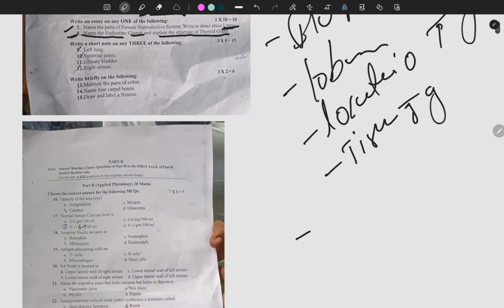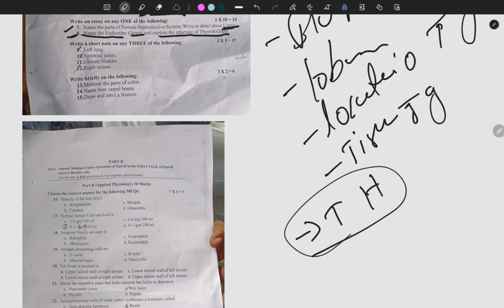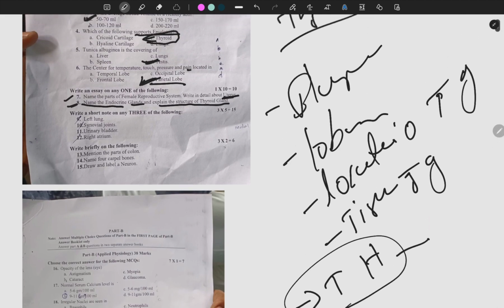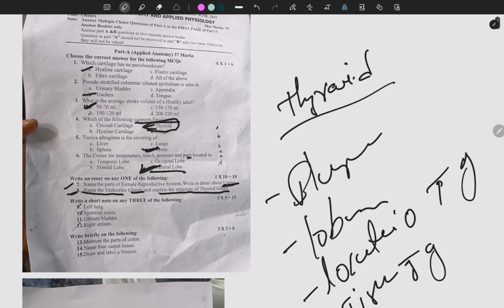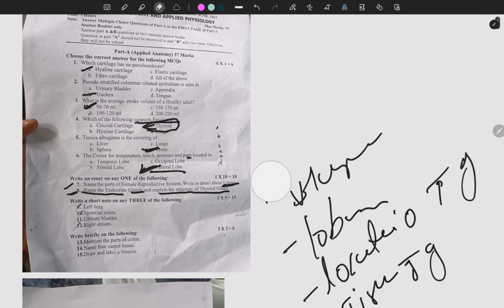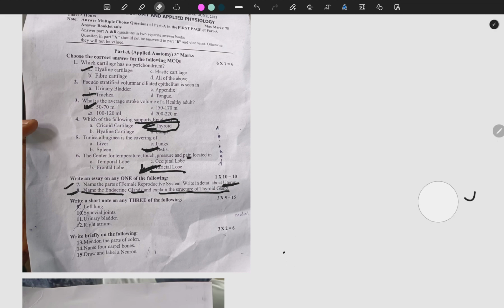And finally you have to write about the thyroid hormones, but don't go for the function of the thyroid hormones, because it comes under physiology. You have to write only the names of the thyroid hormones. That's it. If you write like this, you may get sufficient marks for this question.